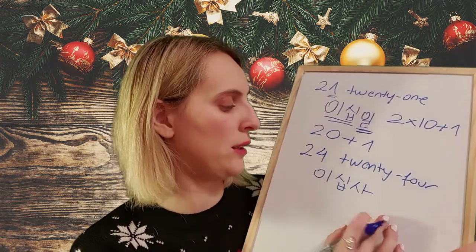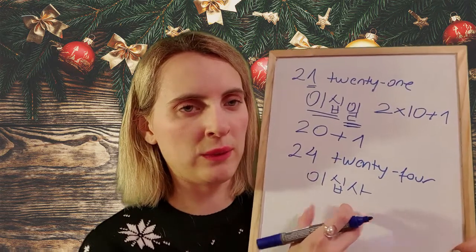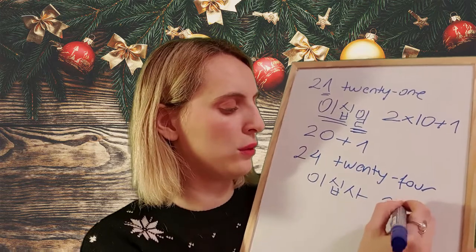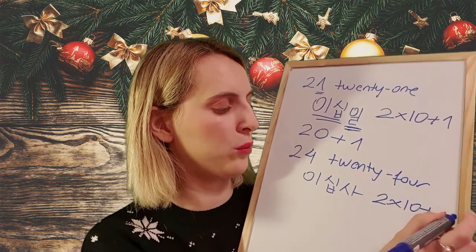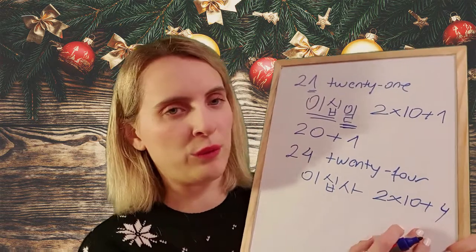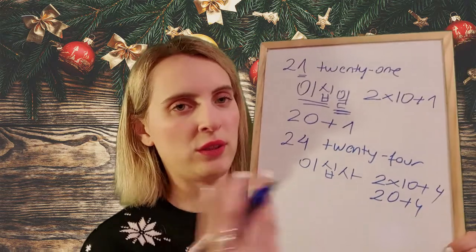E ship sa. It is 24. So you see, it is actually easy when you are writing it and thinking it like that. If you are thinking like 2 times 10 plus 4, it is kind of confusing. But if you think of it as 20 plus 4, it is really easier.